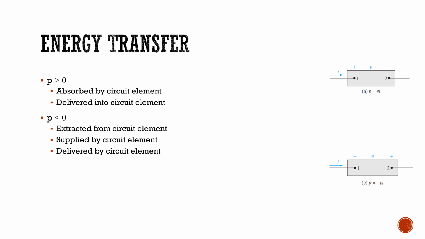Power is negative when positive charges move through a rise in voltage and they gain energy, as seen in the bottom circuit element. In this case, power is being extracted from the circuit element, and we say that the element is acting as an energy source, supplying or delivering the electrical energy to the rest of the circuit.